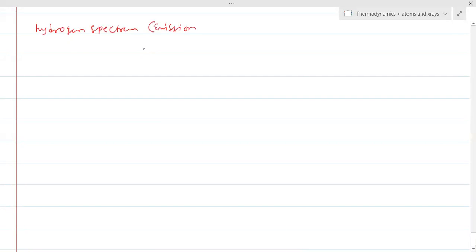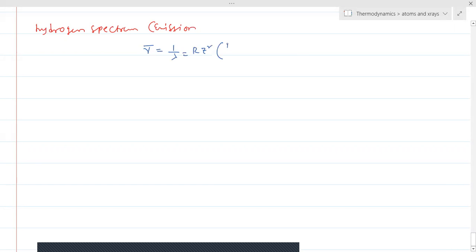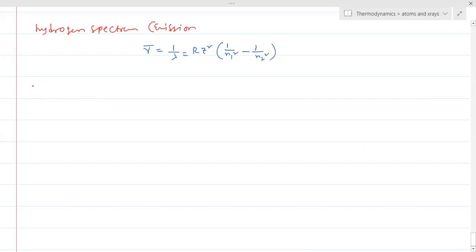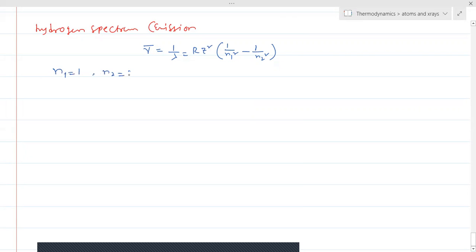Generally we take 1/λ = R Z² (1/n1² − 1/n2²). Suppose the electron is excited and then de-excited to the first level, so that n1 = 1 and n2 = 2, 3, 4 and so on. Then we will get the Lyman series.